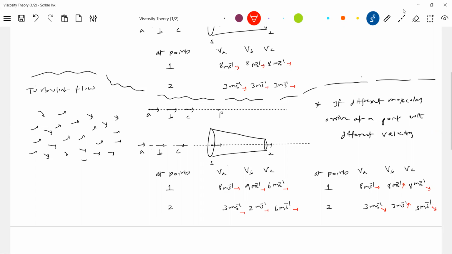A good example is when rain comes, the way the water flows on roads is turbulent flow. Or if you take honey, a thick liquid, and open the lid and try to pour honey into some other bowl, how will the honey flow? Honey will flow gradually, that is streamline flow.